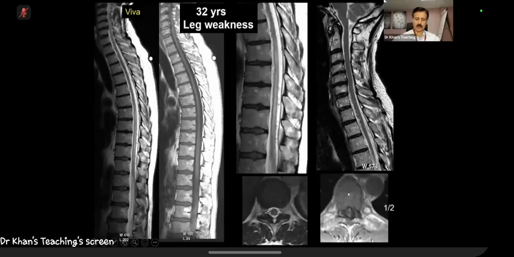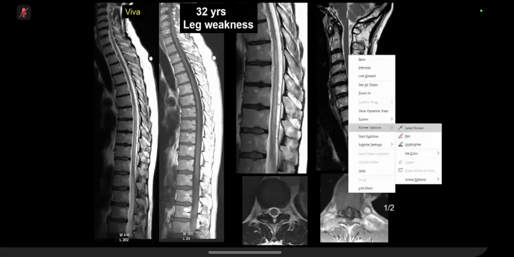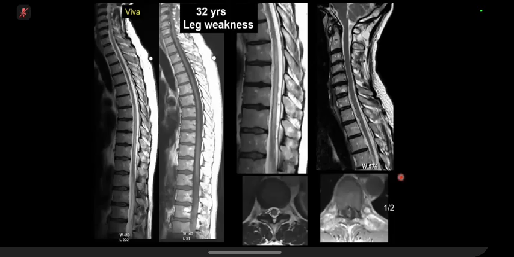Over to you. Okay, so on the sagittal T2 weighted sequences, there's high signal within the cord itself, and the anterior aspect of the cord, especially in the cervical region, appears a bit irregular. And this is also seen in the T1 weighted sequence. In the close-up view, you can see low signal intensity projected over the CSF.